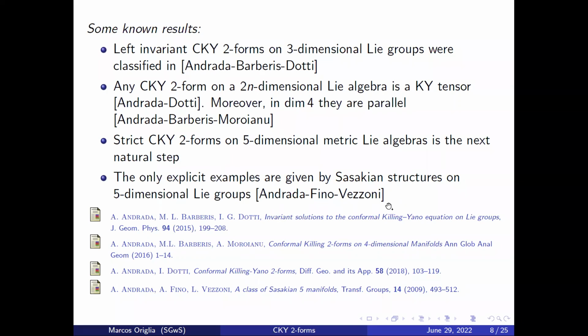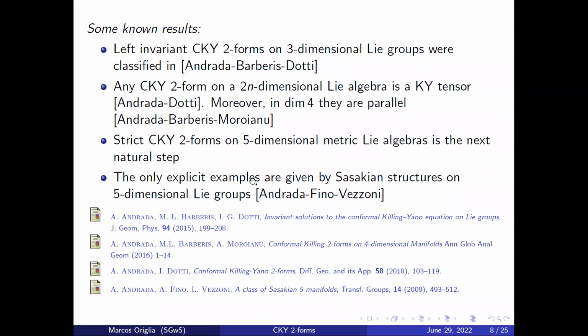So in their work, they classify some class of Sasakian structures, the class where the dimension of the center is equal to 1, so they come from a Kähler extension of a 4-dimensional Lie algebra.